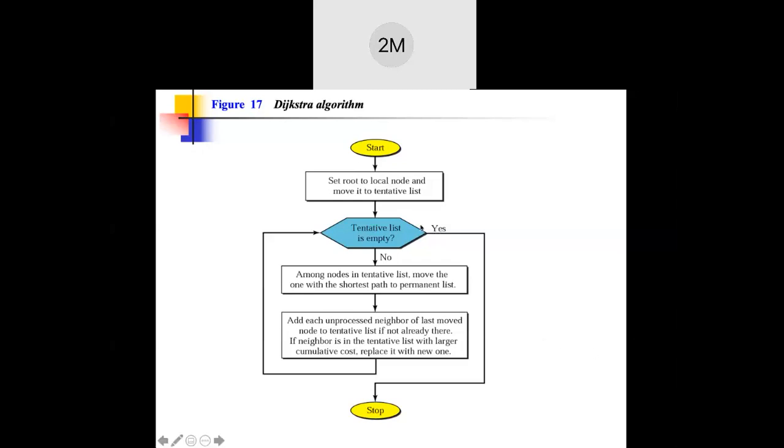If the list is empty, yes, it will come out of the table.